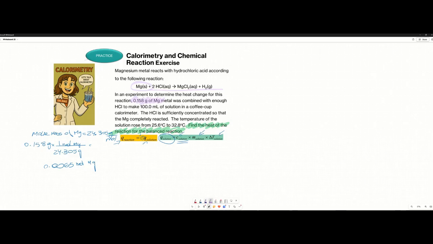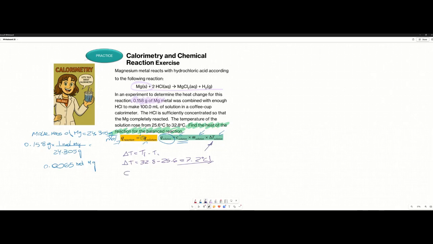So delta T we can calculate right now, because I have the initial temperature. It would be the final minus initial. So we have 32.8 minus 25.6, and this gives us 7.2 Celsius degrees.